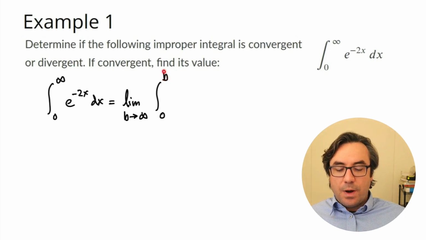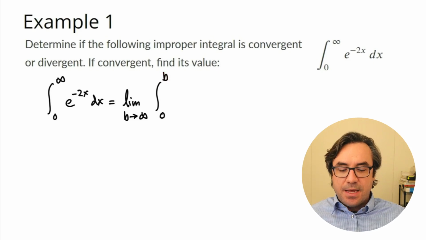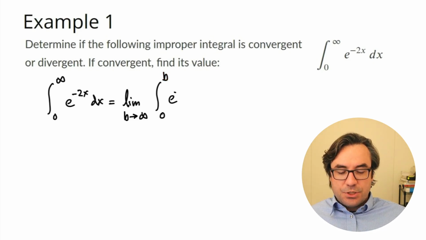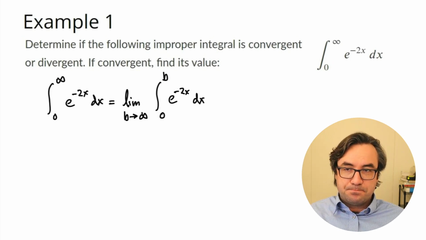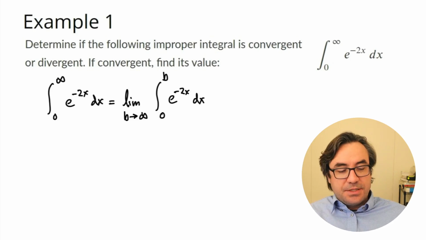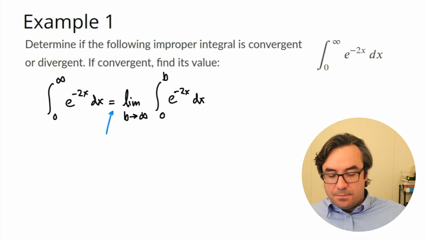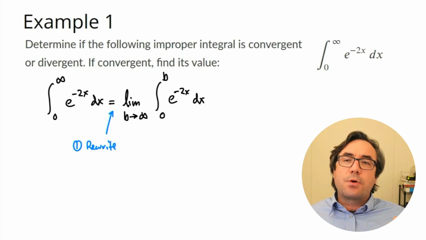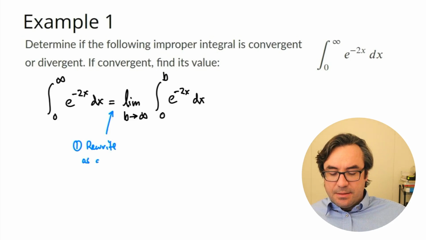Ultimately we watch what happens as b goes to infinity. We're just using our limit definition for this improper integral. All right, so that's step 1: rewrite our improper integral as a limit.